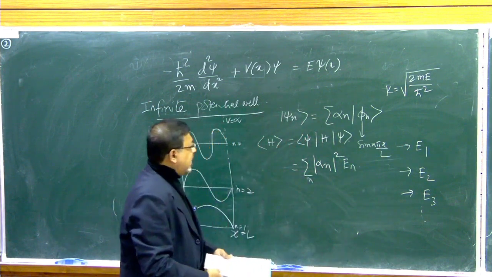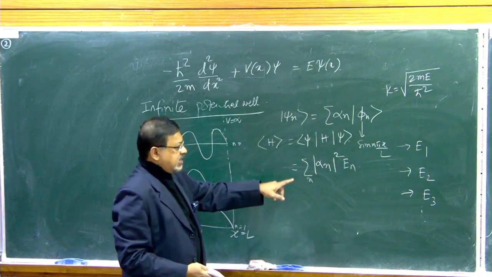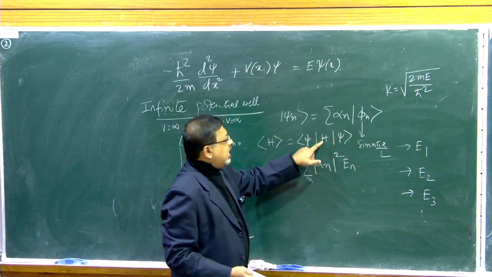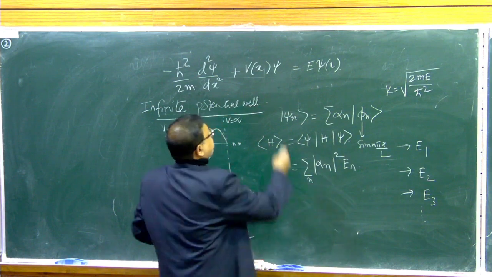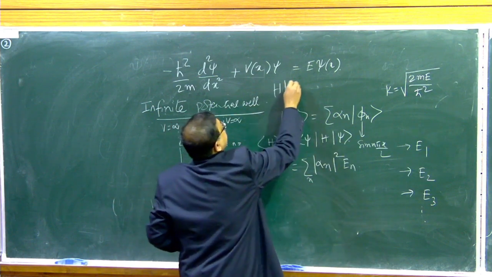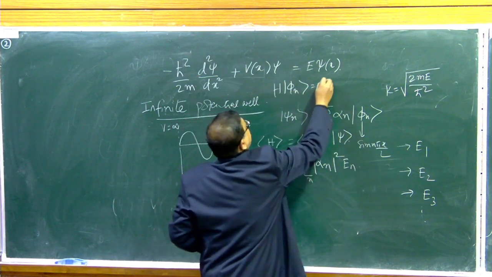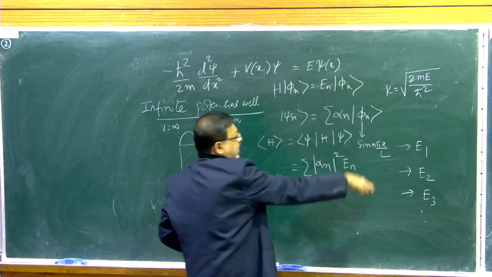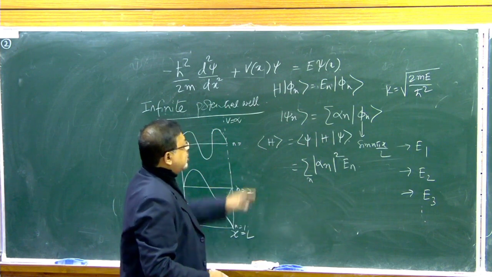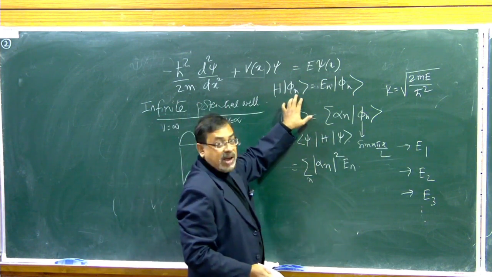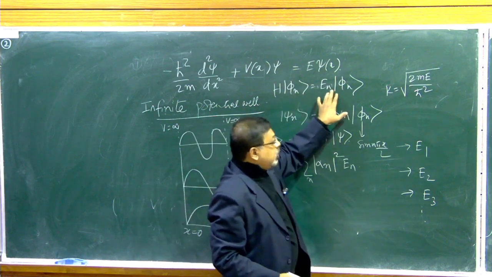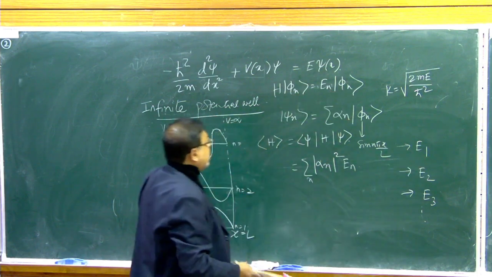Okay, I leave that small algebra; it's just one step there. So you put psi equal to alpha n phi n, and H acting on phi n is going to give me En phi n. This is just what I said: you can calculate the energy of this acting on the phi n. So phi 1 is sine pi x by L, that will give you E1, which is what you know from there, and so on.